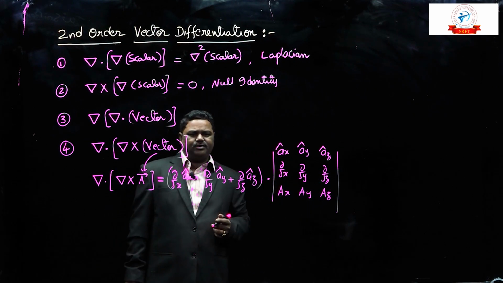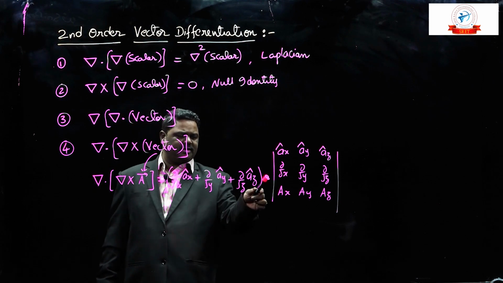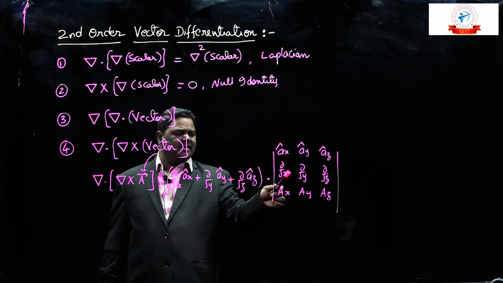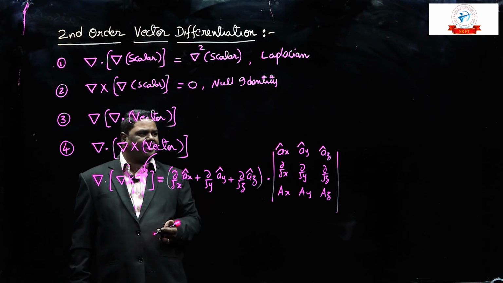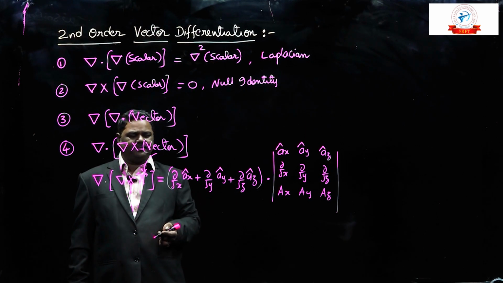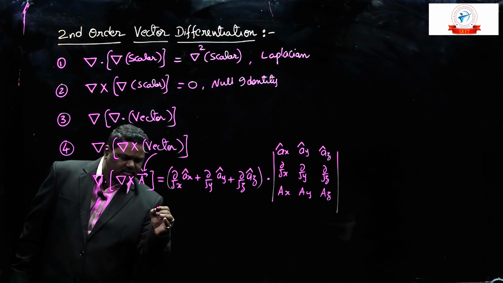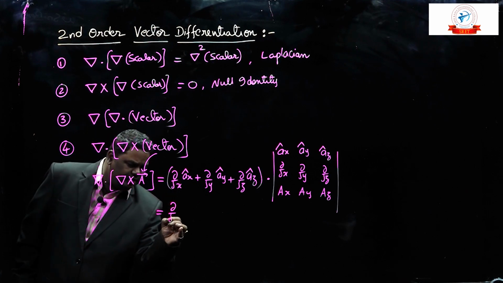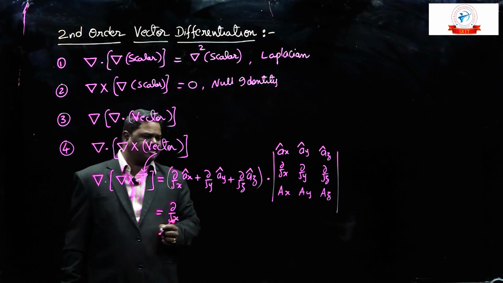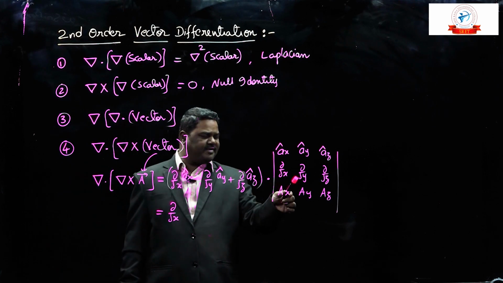Now we need to evaluate a dot product between the del vector and curl of A bar. We just multiply x components, y components and z components. So let us write here. What is the x component in the first one? Dou by dou x is the x component in the first vector. What is the x component in the second vector?